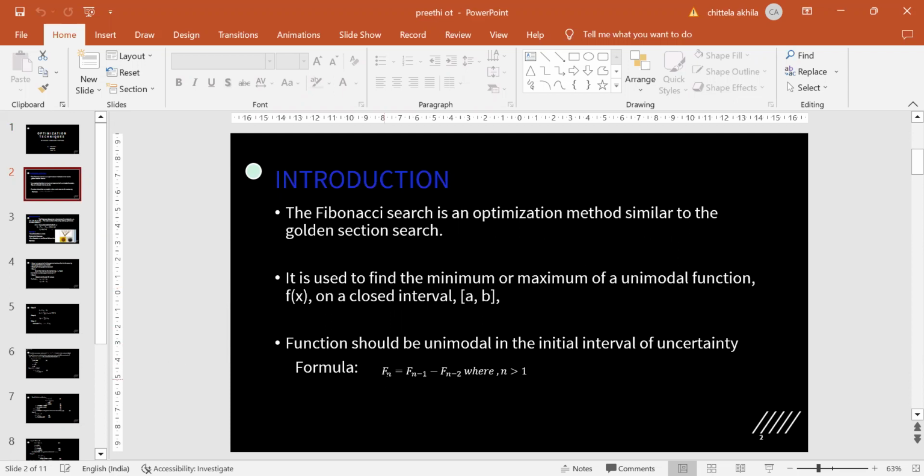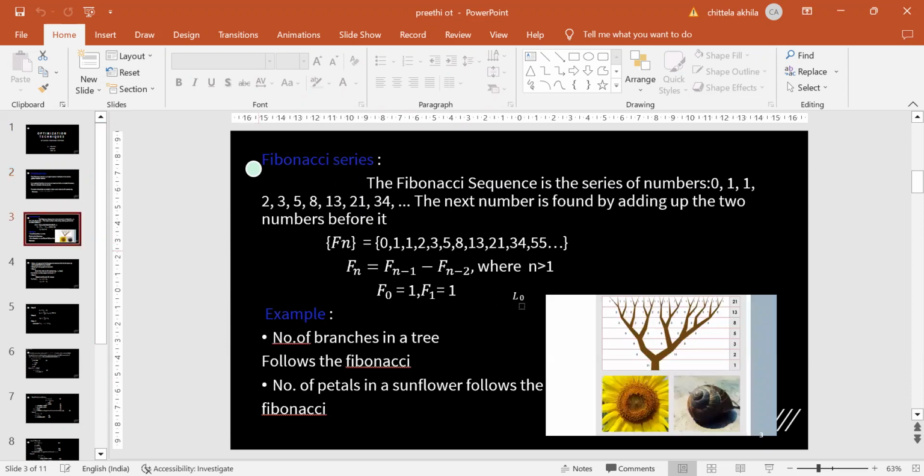And we have the formula of the function: Fn equals Fn minus 1 plus Fn minus 2, where n is greater than 1. This is the Fibonacci series. We all know that the Fibonacci series is 0, 1, 1, 2, 3, 5, 8, 13, 21, and so on. How do we get each number?